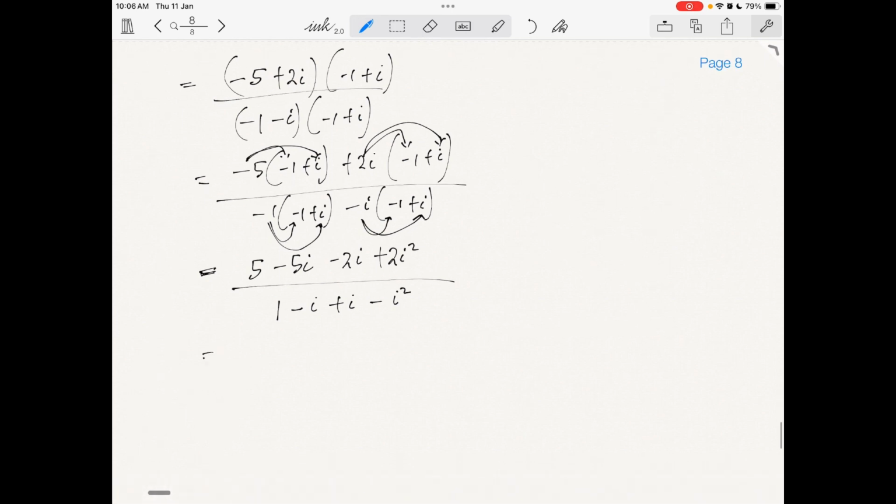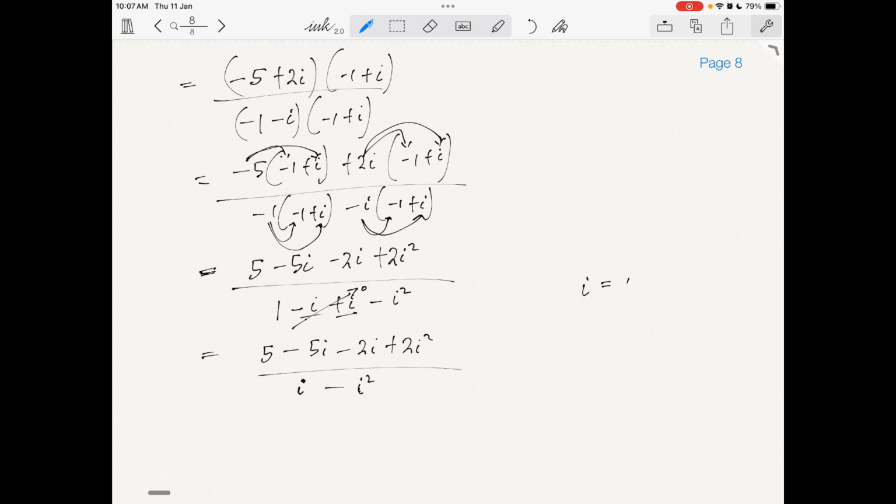Having done this, we can see that minus i and plus i will give us 0. So in essence, we are left with 5 minus 5i minus 2i plus 2i squared, divided by 1 minus i squared.